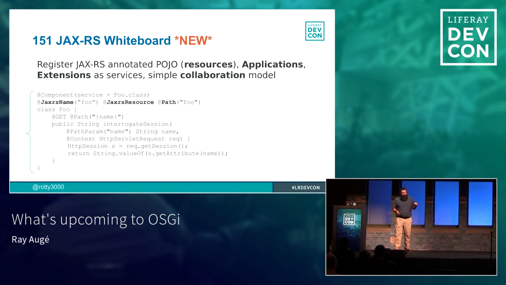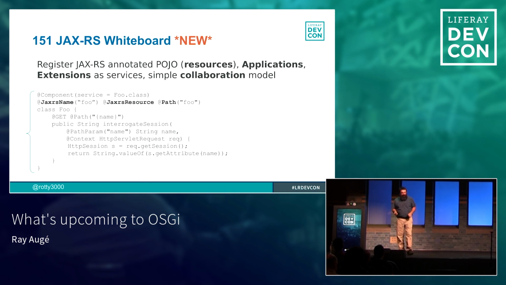JAX-RS Whiteboard integration. I'm proud to say that Liferay was the implementer of the reference implementation. It is in the Apache Aries project, but Liferay was the implementer, and I'm really proud to say that we're almost done, and this is just about ready to go. This is going to be a feature in the next version of Liferay, which is a real JAX-RS OSGi integration, with service-oriented assemblies.